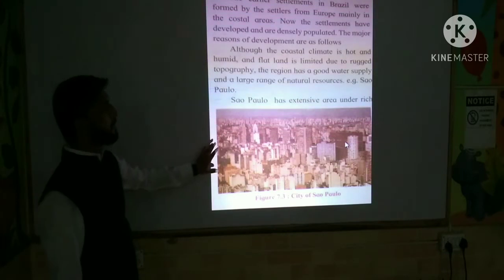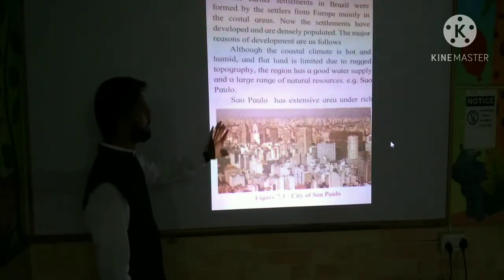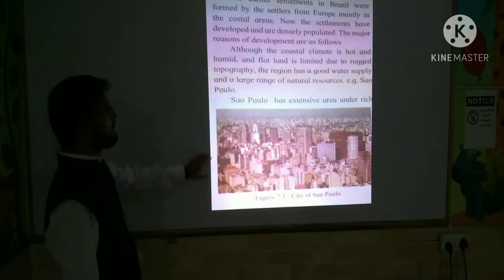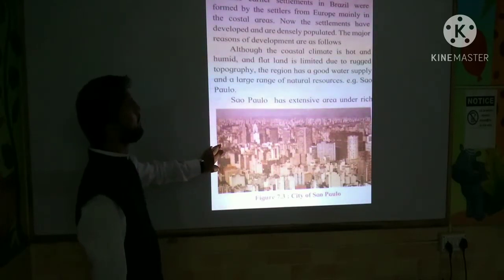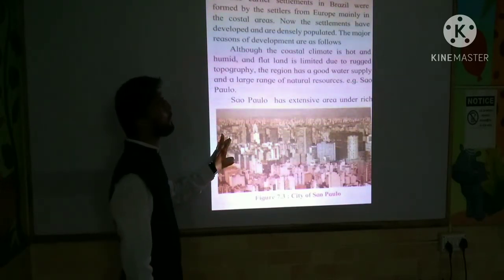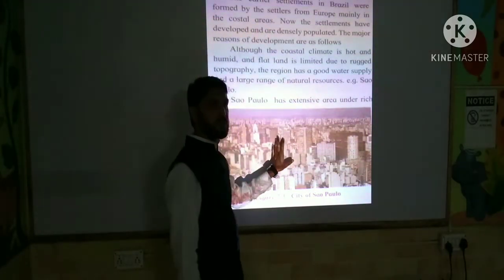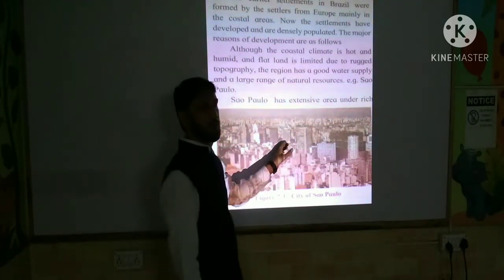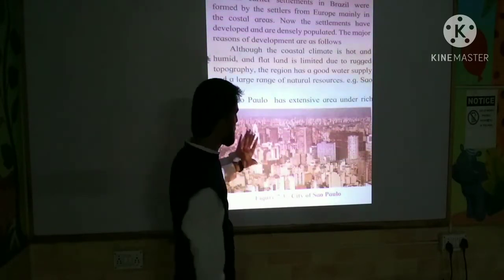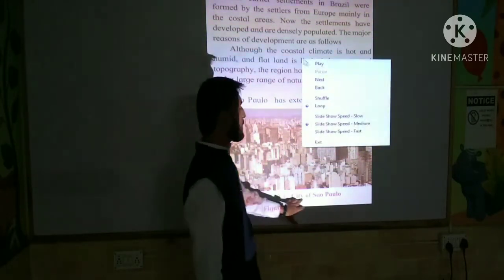Now students, with the help of these two maps, we will turn to the main paragraph. Here, the earlier settlements in Brazil were formed by settlers from Europe, mainly in the coastal areas. This is what we have just seen in the map. So Rio de Janeiro, this one city, or the city of the Sao Paulo region.